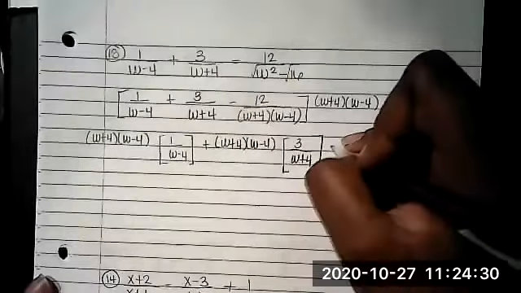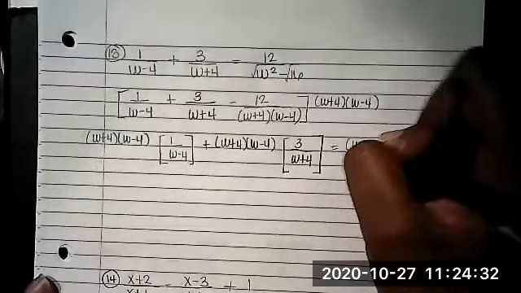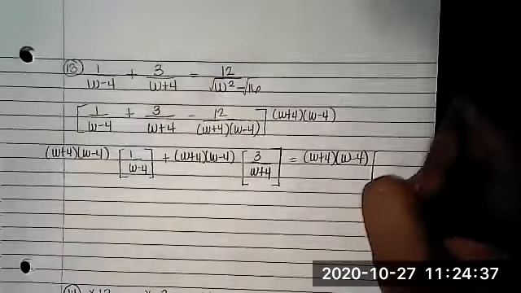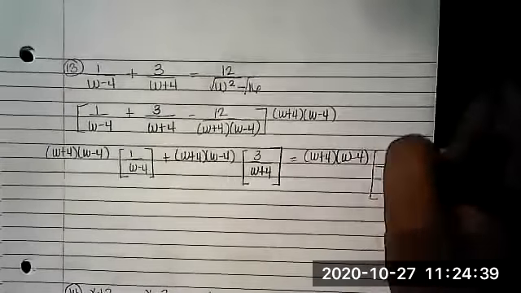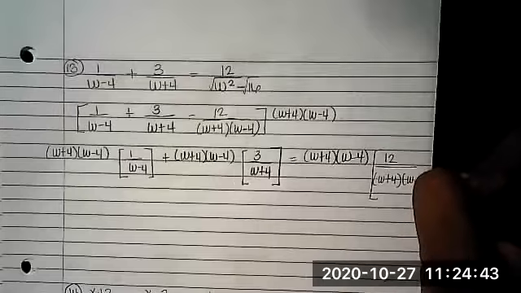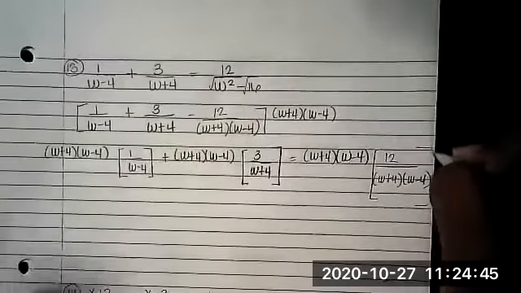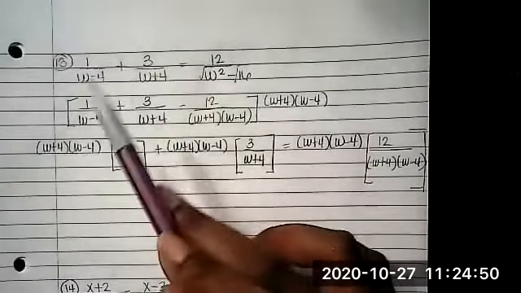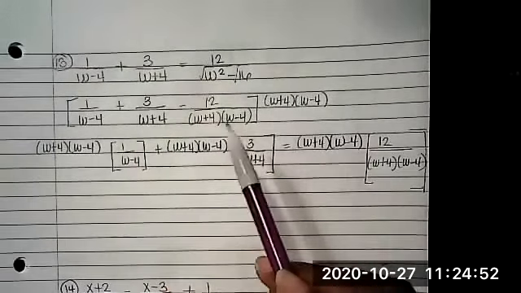And then, of course, I'd take this again, and I'd multiply it by the last situation, 12 over w plus 4, w minus 4. Okay? Sorry about that. It's all the way in the edge. Okay? So basically, I took this and I multiplied by that. I multiplied by that, and I multiplied here.